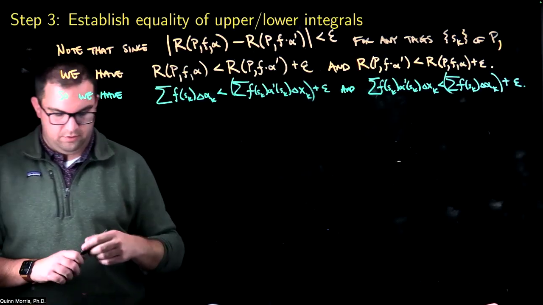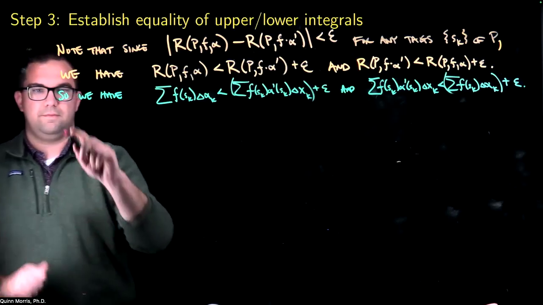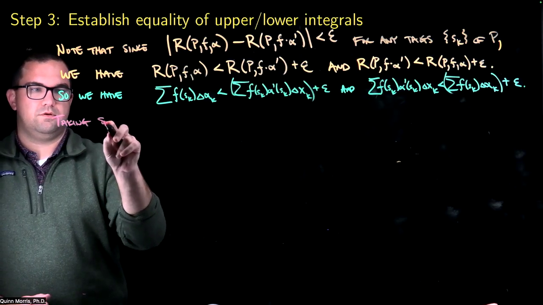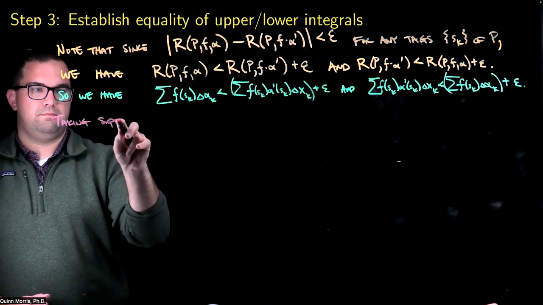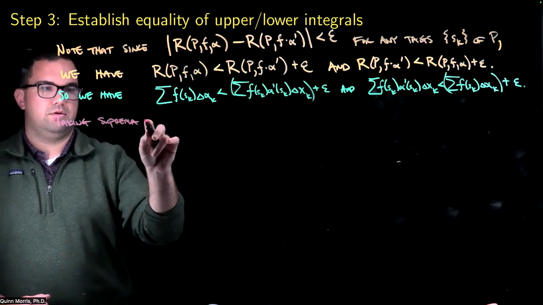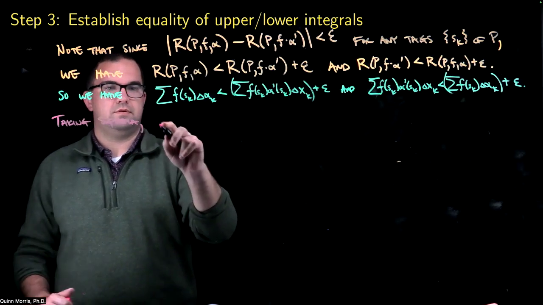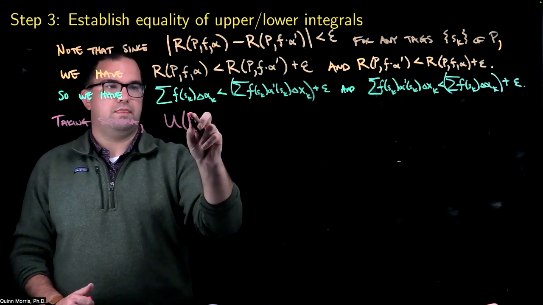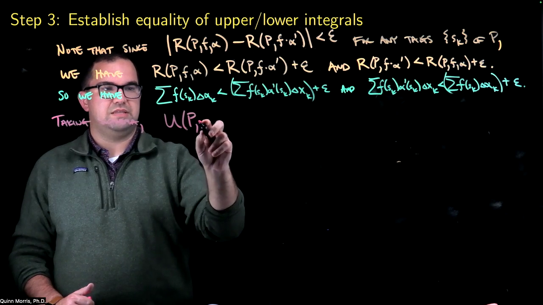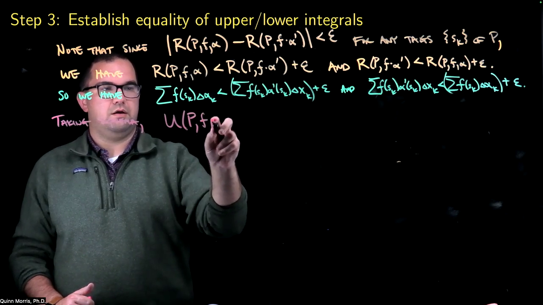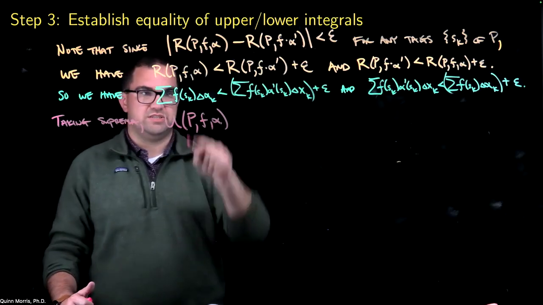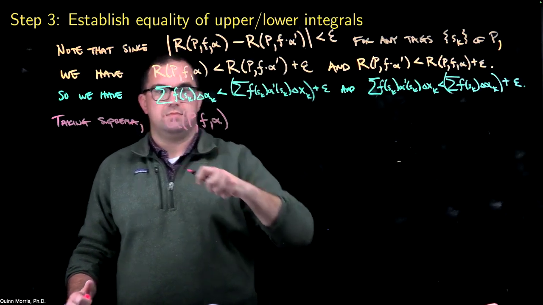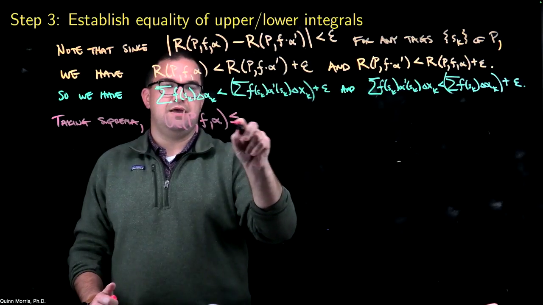And so now, let's switch to a different color. So taking suprema of each side, this gives us that the upper sum, this is the upper Darboux-Stieltjes sum of this, because this is a Riemann-Stieltjes sum, is less than or equal to.